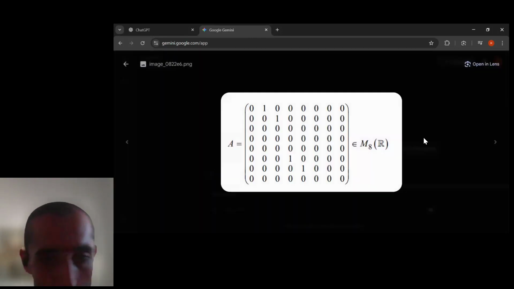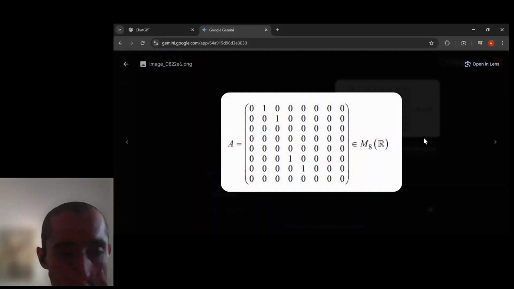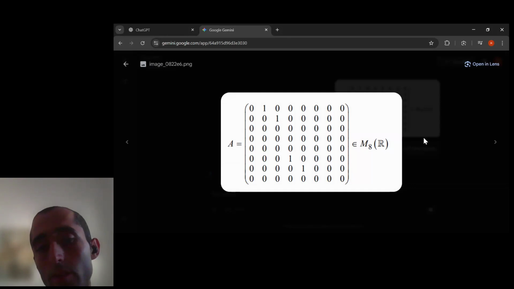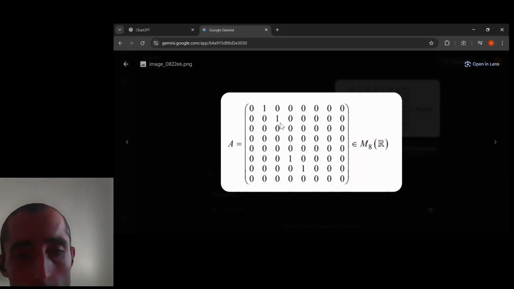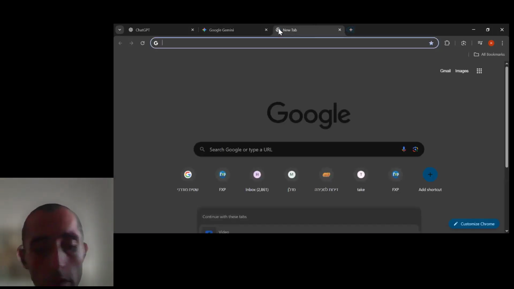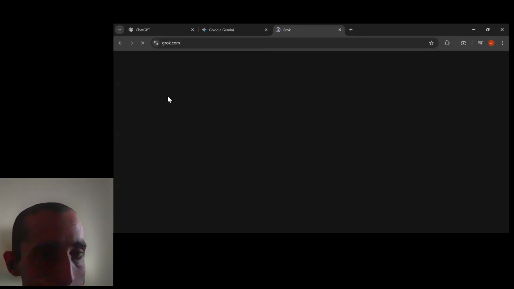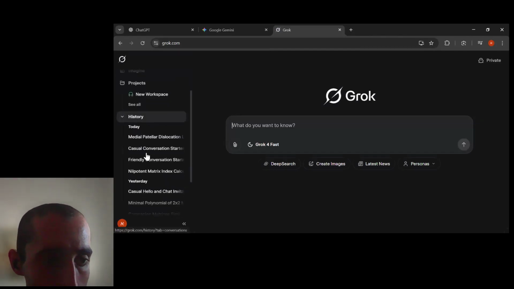Okay, so we have a very big matrix, 8 by 8, and we want to see what the nilpotent index is. You can see that mostly there are 0s, here 1, here 1, here 1, and here 1. Maybe in order to show you this, I'll just go to the graph, and there I have the solution.